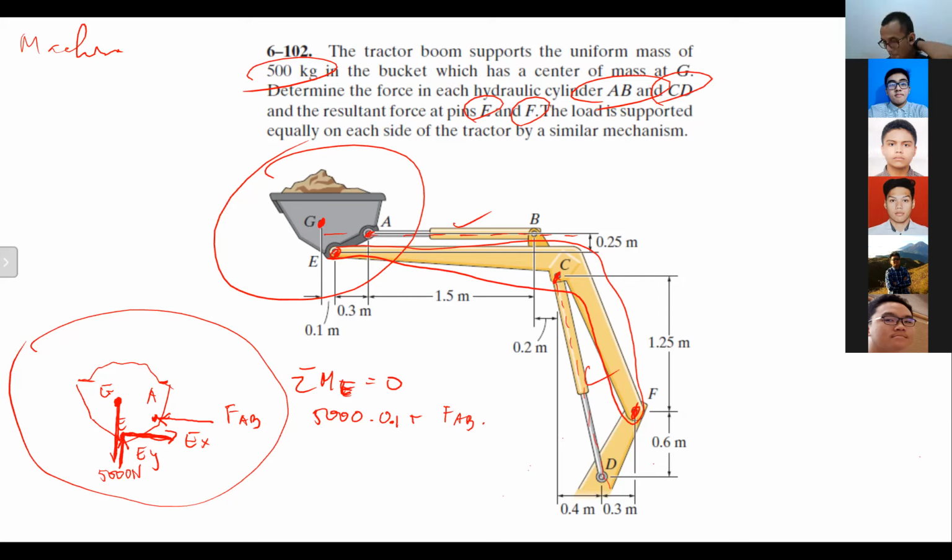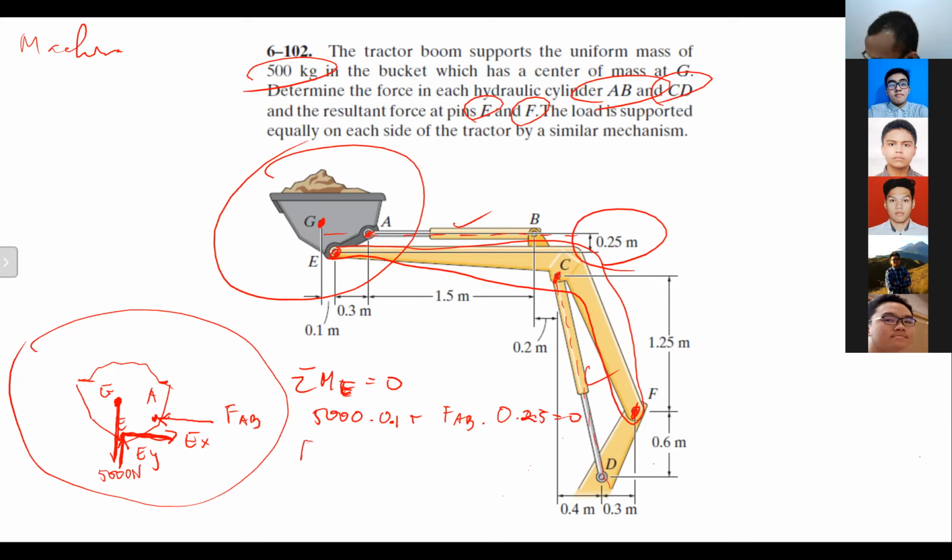It's at the point here, right, sir? Oh, the y-axis is 0.25, because it's horizontal, right? Yes, and it's counterclockwise. So FAB multiplied by 0.25 meters equal to 0.